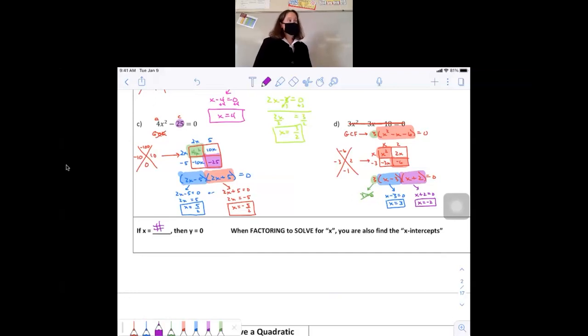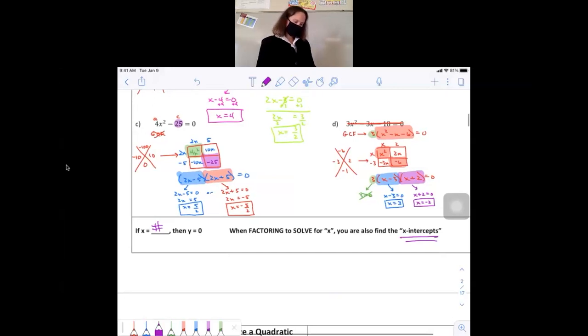Okay, basically what we just did for all of those solving, when we get x equals a number of some sort, that means y is 0 because the whole thing is 0. So what we're doing is we are also finding the x-intercepts. It's kind of the same thing as factored form.